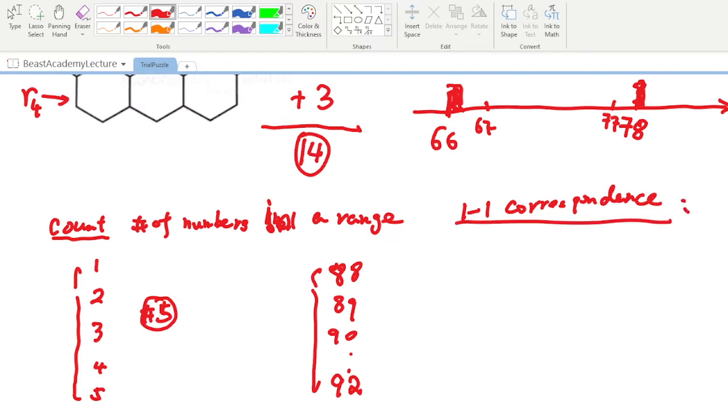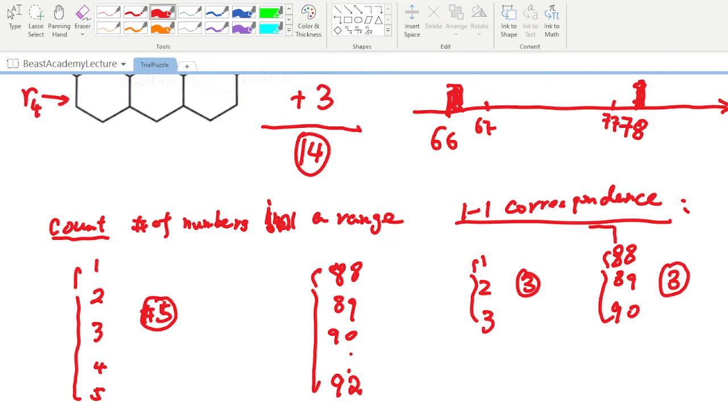If I write 1, 2, 3, how many numbers do I write? 3. If I write 88, 89, 90, how many numbers do I write? Still 3, right?